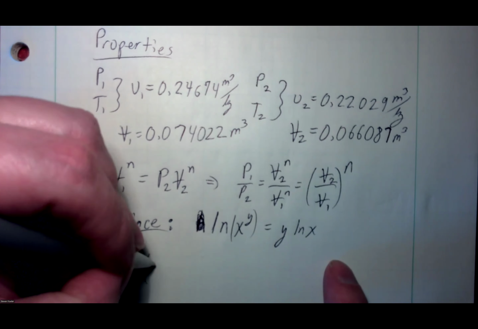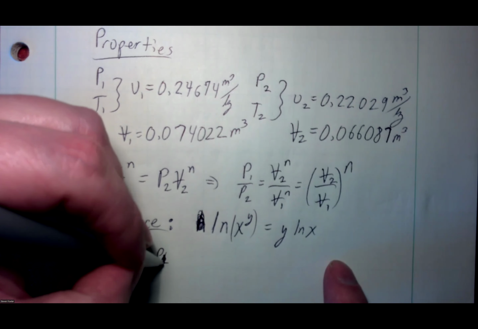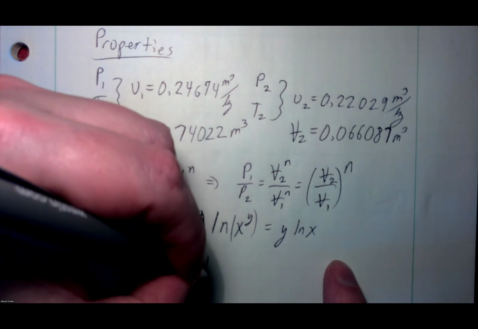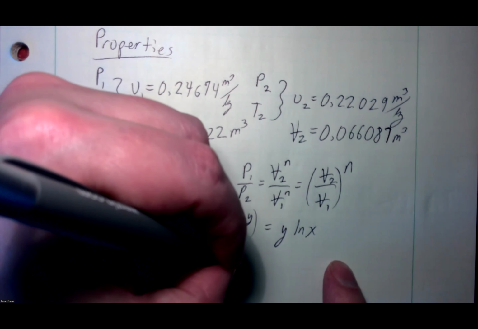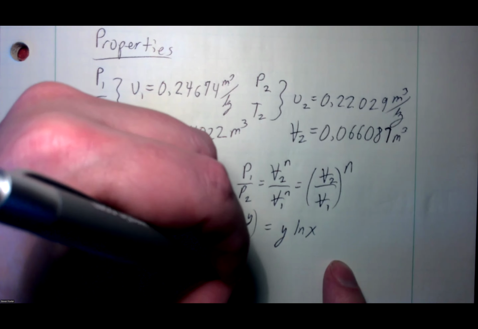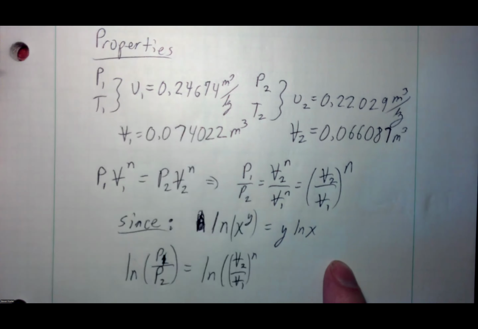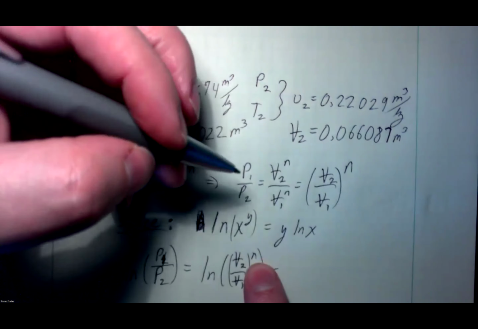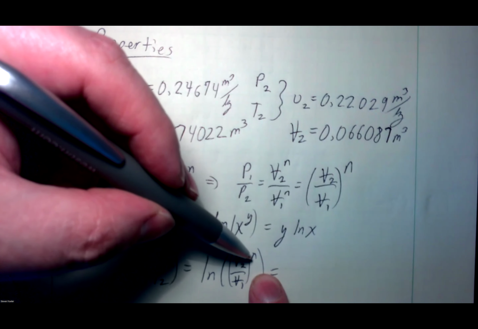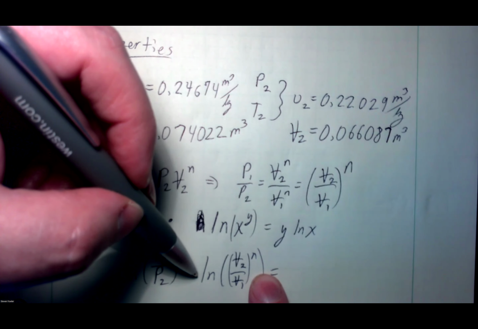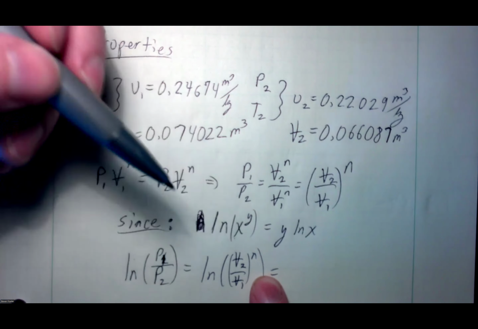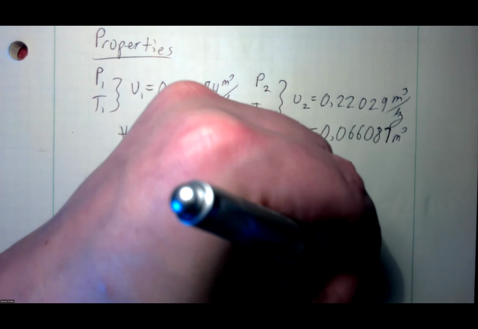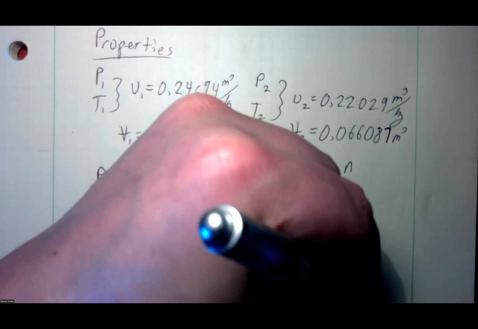So if I take the natural log of P1 over P2, that is going to equal the natural log of V2 over V1, and that ratio is getting raised to the power n, which is the same thing as I can now pull the n out of the parentheses, out of the argument, and put it in front of this natural log, just like I do right here. So I'm going to take this n out. Now this is n times the natural log of V2 over V1.